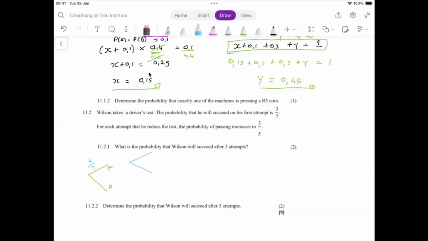They said for each attempt that he redoes the test, the probability of passing increases to 3/5. So if this is passing, it's going to be what? 3/5. If this is 3/5, what's left? 2/5, because these 2 need to add up to 1.